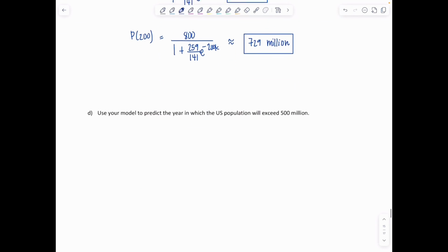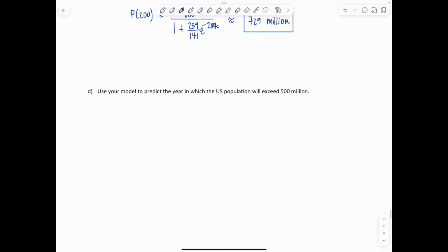Part D. Use your model to predict the year in which the U.S. population will exceed 500 million. So then you would set 500 equal to 800 over 1 plus 259 over 141 e to the negative kt. I know what k is. I just don't want to write it because it's so gross. You know what I mean? Okay, we're going to do our good old flip and switch.